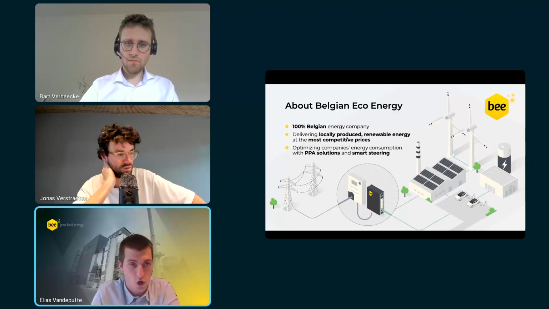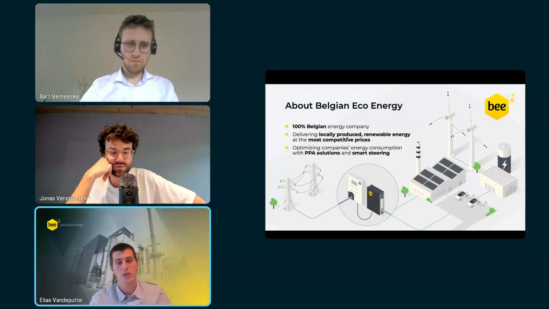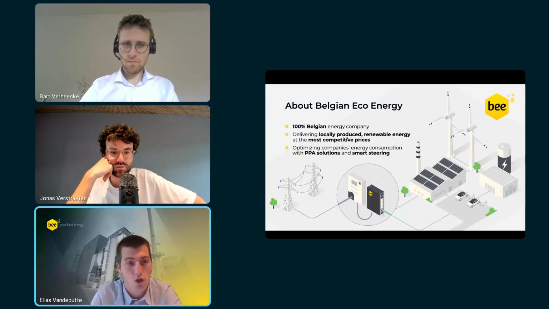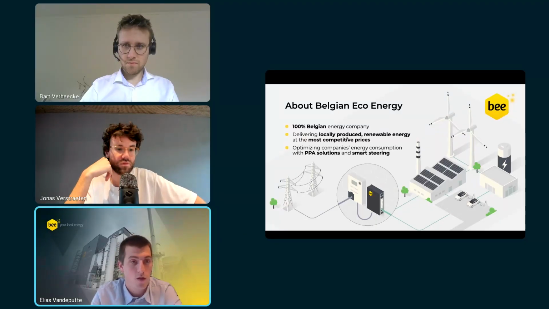We try to help our customers with their energy transition, and our mission is to help them with the energy transition at the lowest cost. That's why Beehive came into place, to help them steer the different assets on different flexibility markets.